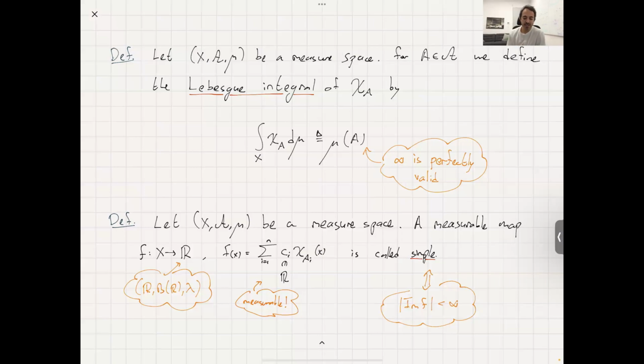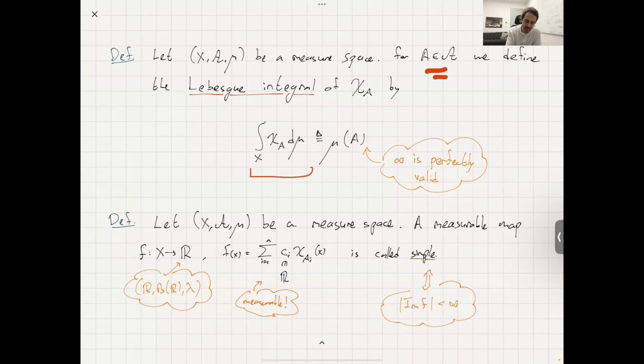So let's look at a measure space, X, A, mu, right? X and A is the measurable part, and mu is the measure. And for a set A in A, just a measurable set, a set in the sigma algebra, we define the Lebesgue integral of the corresponding characteristic function as you expect and as we did in the example. So we define this thing, right?